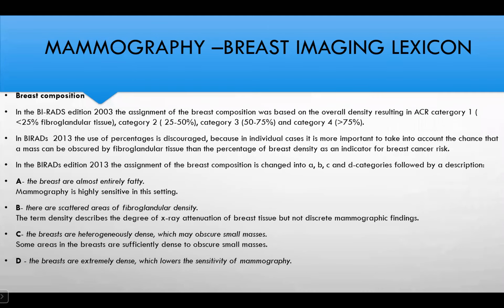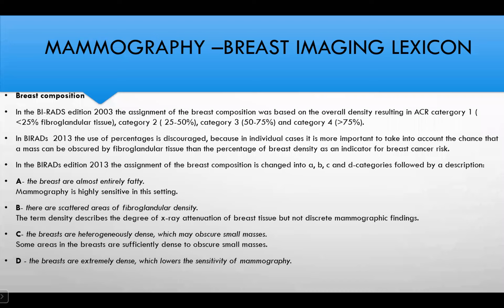So in RADS edition 2013, the assignment of breast composition is changed into A, B, C, D categories. A is the breast is almost entirely fatty. Mammography is highly sensitive in this setting. B is there are scattered areas of fibroglandular density.